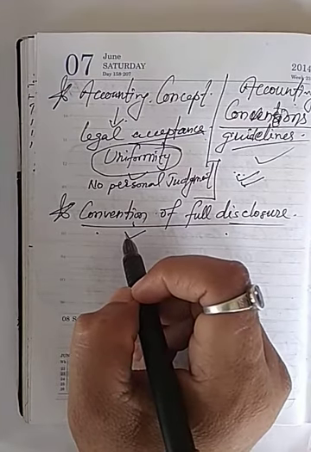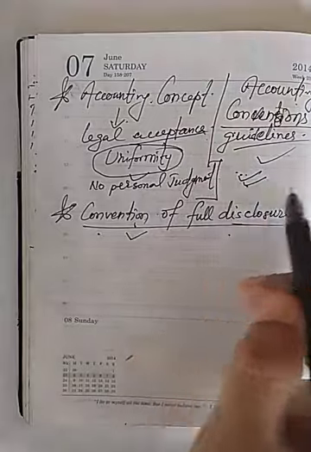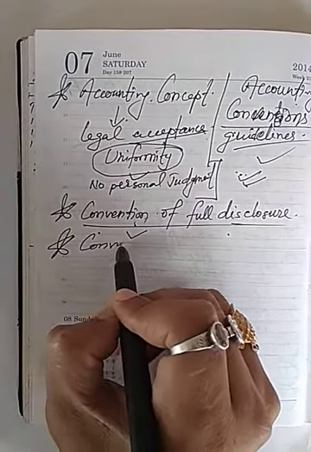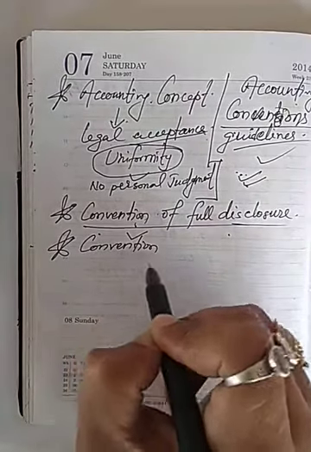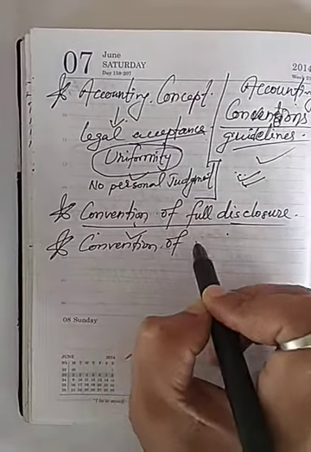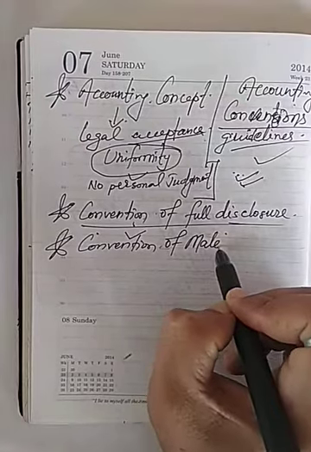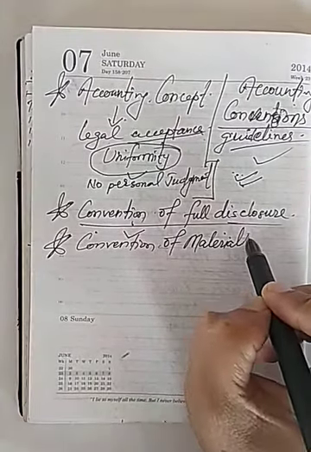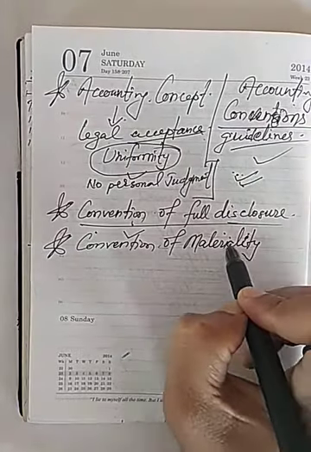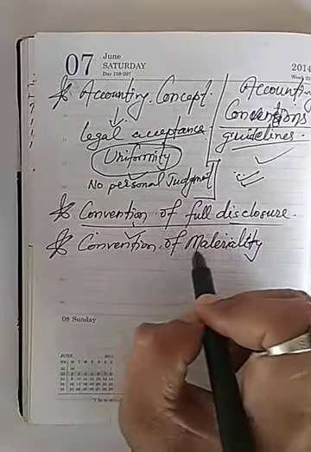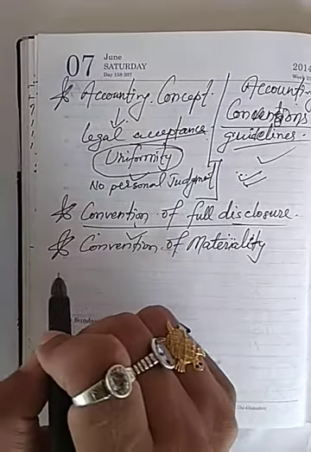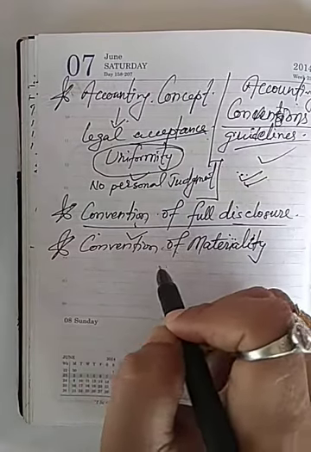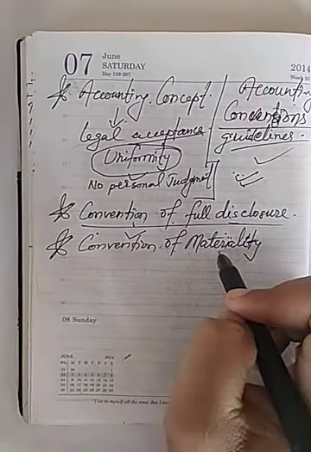So next is the convention of materiality. This convention is an exception to the convention of full disclosure.